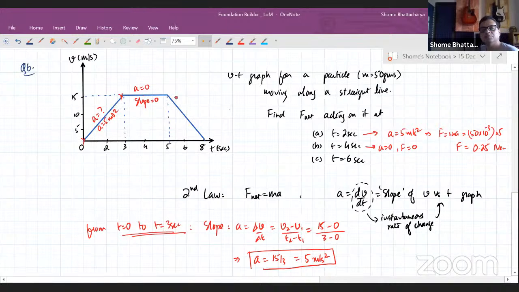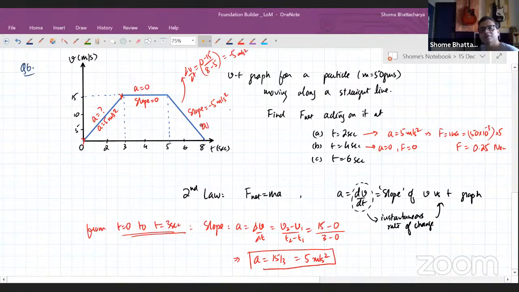Now similarly, at this part, you can see that the slope is equal to minus 5 meters per second square. Because again, for this part, delta V by delta T is 0 minus 15 upon 8 minus 5. So that is minus 5 meters per second square. Okay.